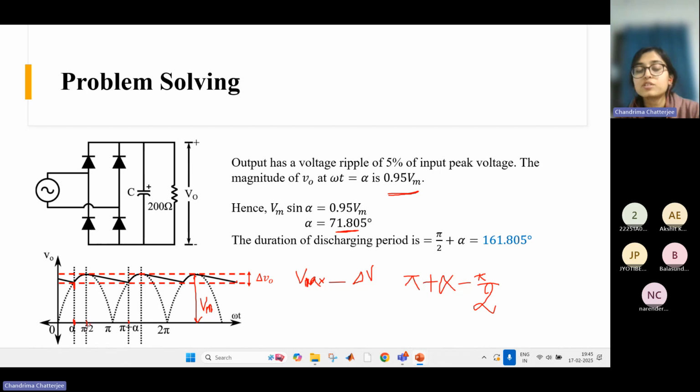We have reached pi by 2, and at this point the discharging starts, and at pi plus alpha the discharging ends. So this duration is pi plus alpha minus pi by 2. Pi minus pi by 2 is again pi by 2, plus alpha. So this is my duration of discharge. Okay.